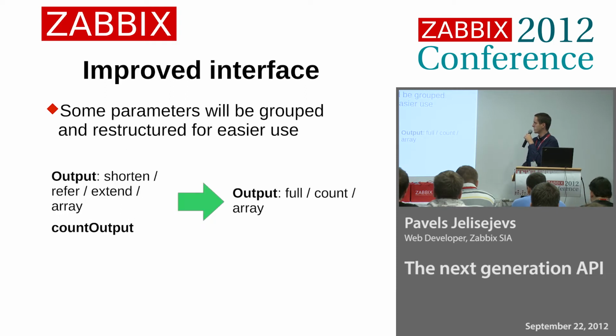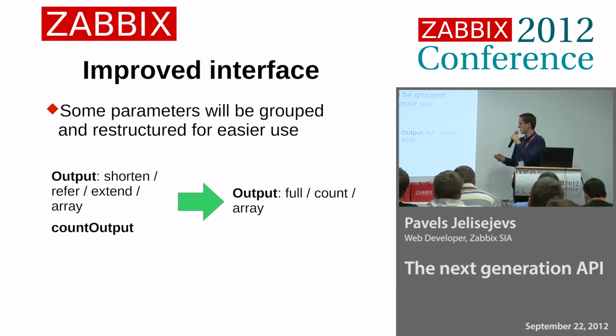Another thing we're planning is to group or restructure some parameters so that it will be more intuitive to use. So for instance, the basic output parameters for the get methods. They can accept multiple values, they can be used together, so there's several independent parameters.